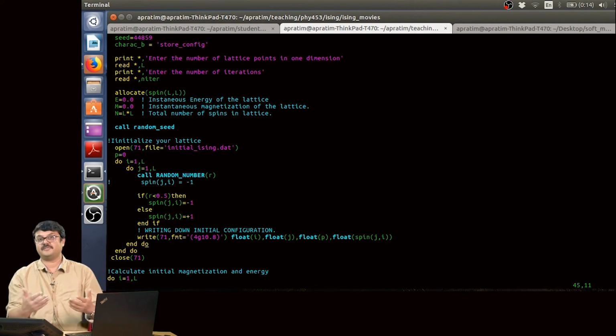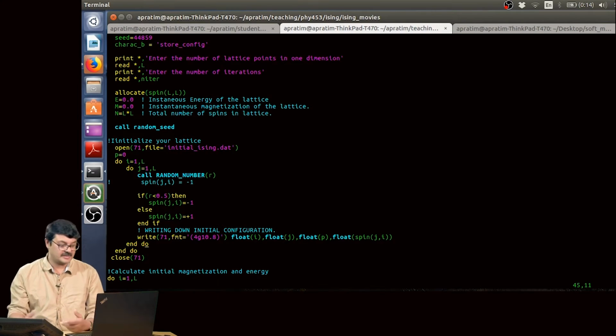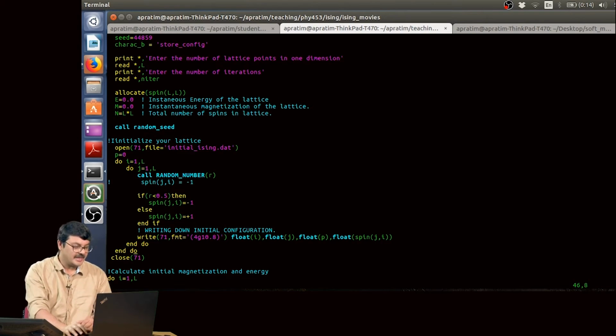So, after you have initialized the lattice, you can go to any lattice site specified by I and j and check what value of the spin has been given, right.